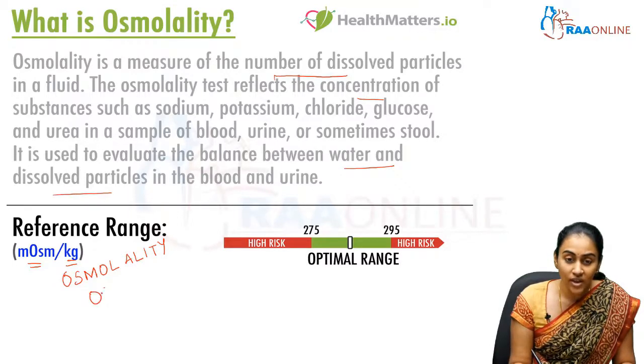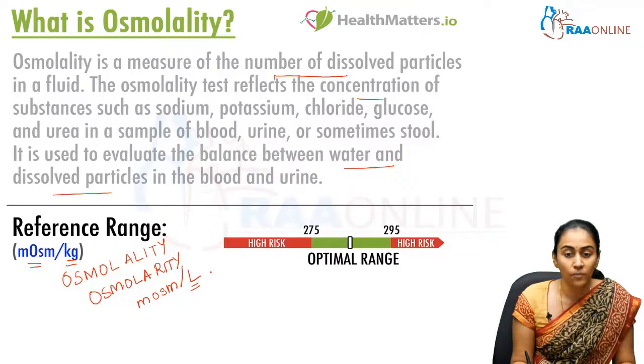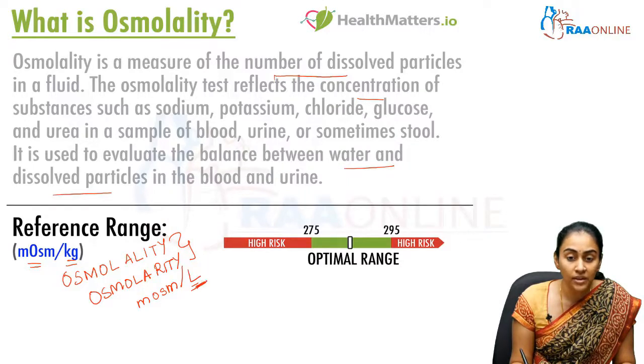Now, when we look at something which is very similar, which is osmolarity, this looks at milliosmoles of the solute per liter of body water. What is the difference between these two? Osmolarity looks at the solute load per liter of water as opposed to per kg of water, which is what osmolality looks at.